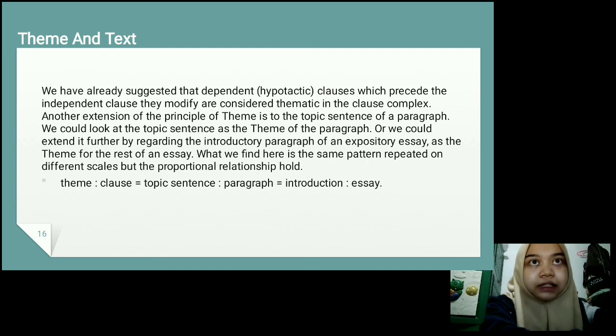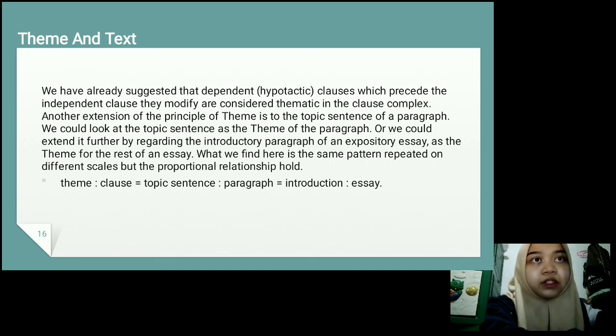Theme and text. We have already suggested that dependent or hypothetical clauses which precede the independent clause they modify are considered thematic in the clause complex. Another extension of the principle of theme is to the topic sentence of a paragraph.